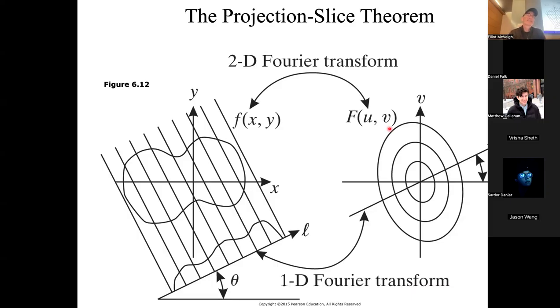If you're confused, that's okay, because it's not intuitive, to me it's not intuitive. I take any old function, I integrate its values down these lines and create this projection function. I take the Fourier transform of that projection function, and I get a sample through the two-dimensional Fourier transform of that object. That's called the projection slice theorem. It's really pretty cool that it works, right?